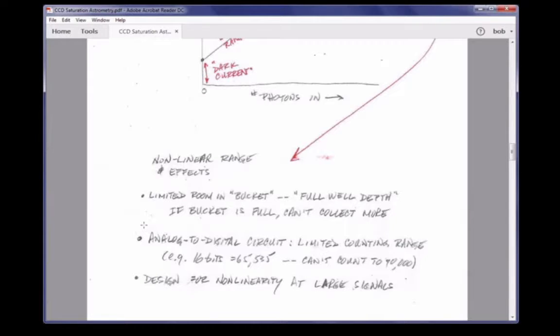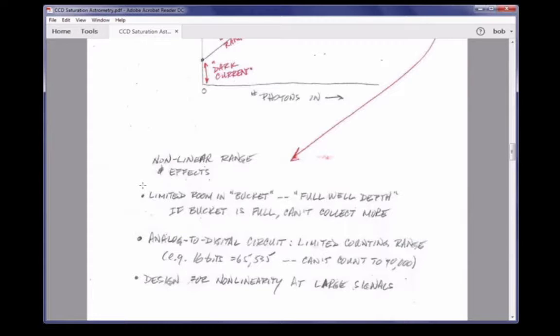So if I have 100,000 electrons, well, the counter can only go to 65,000. Now, normally the CCD designers try to make the limit of the counting circuit and the full well depth about the same. So those two effects kind of happen at the same point in intensity.